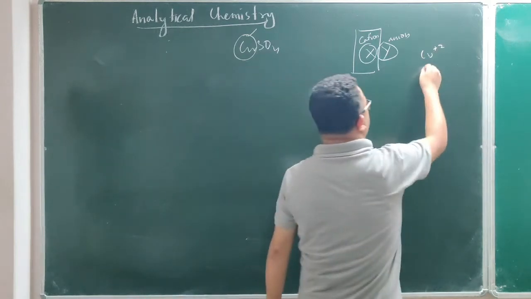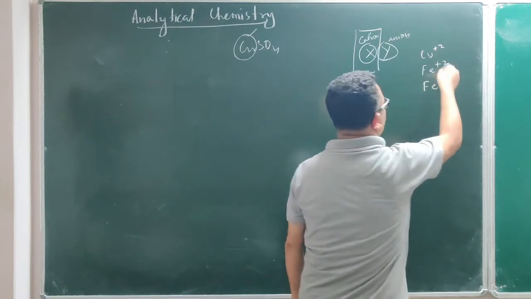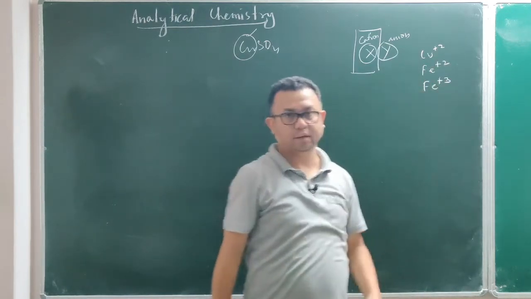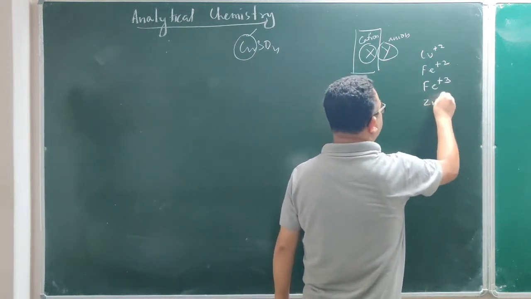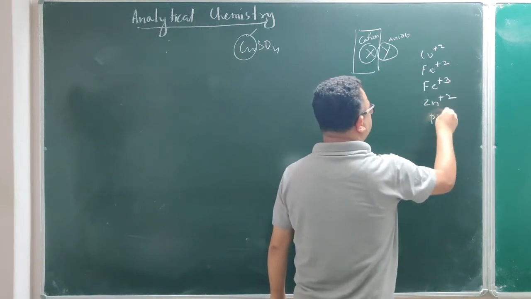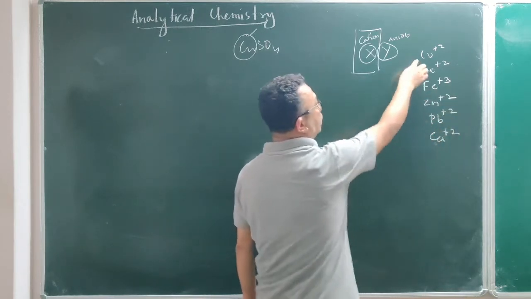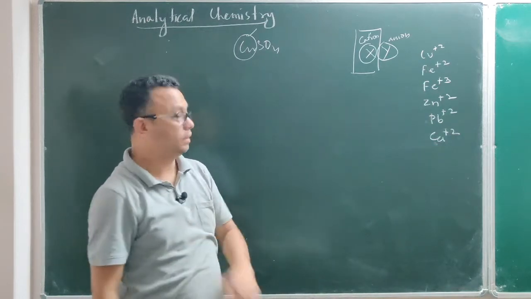Then the next one is iron, but since we have 2 iron cations, one is ferrous, plus 2, and the other is ferric. Then the fourth one is the zinc cation. Then you have the lead cation, and finally calcium. 1, 2, 3, 4, 5, 6. So these 6 cations are what you have to discuss.